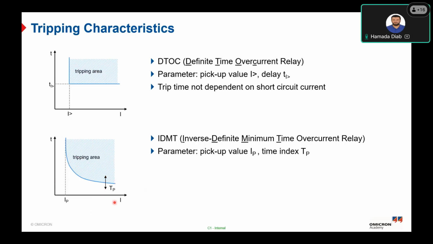So the higher the fault current, the shorter the trip time, because it's an inverse relationship between the current and the time. The higher the current, the lower the trip time. And here is the basic definition of the inverse definite minimum time protection.